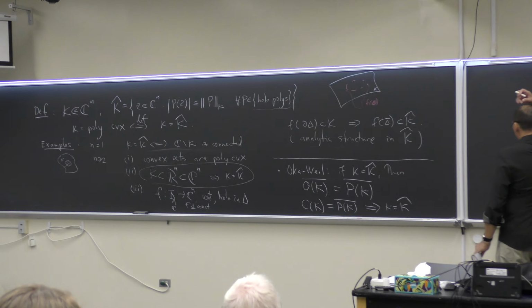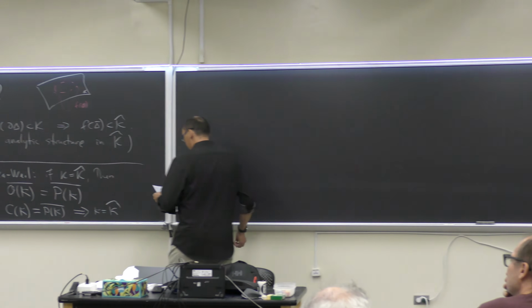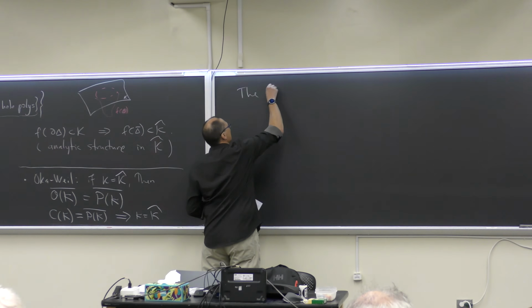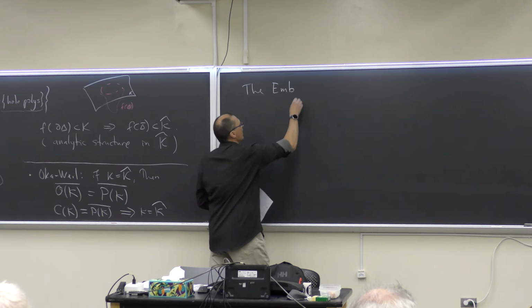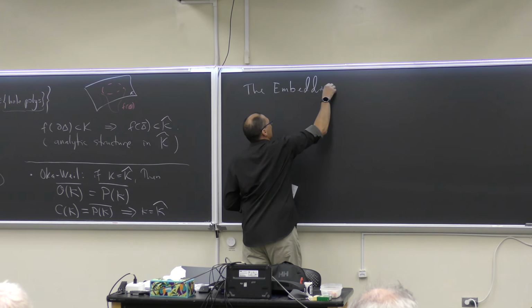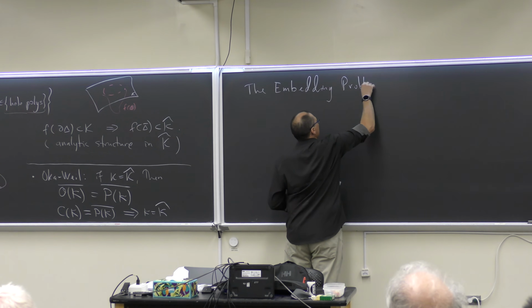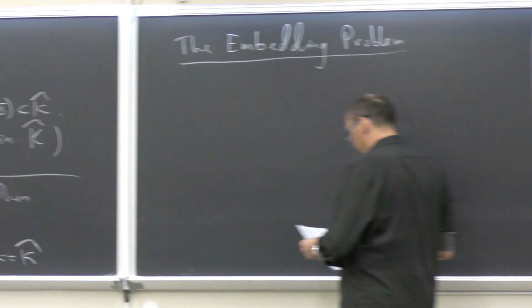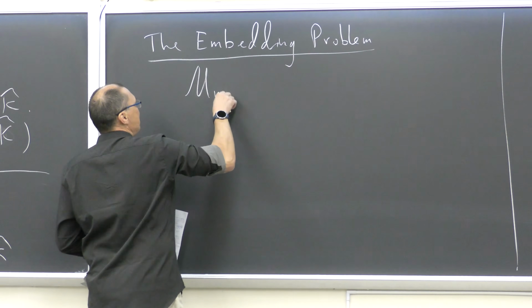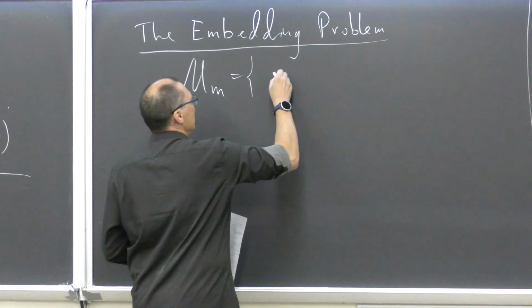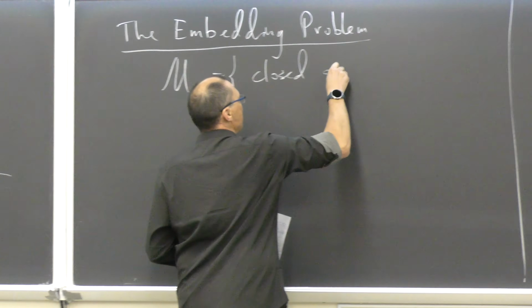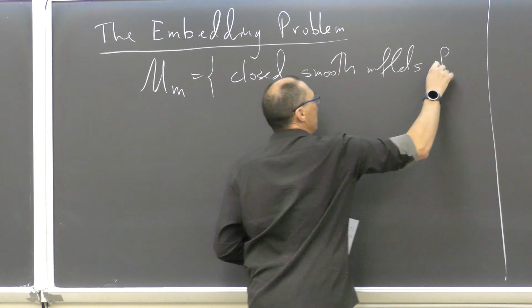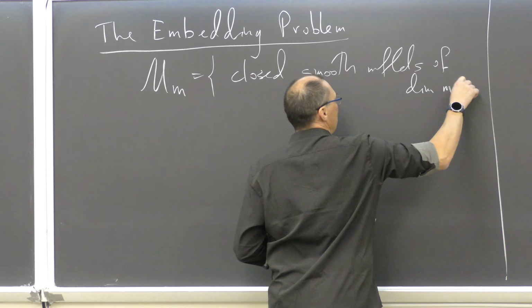All right, and now I'd like to formulate the question that I'm interested in, and I'm going to call it the embedding problem for the purpose of this talk. I'm going to call M the space of all closed, smooth manifolds of dimension m.